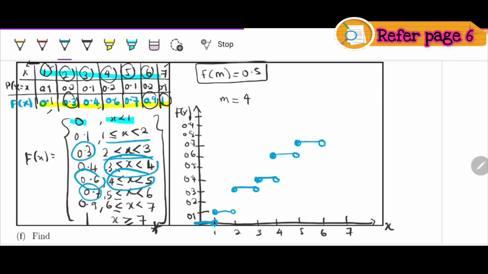F(x) is 0.9 on the interval 6 to 7, with a filled circle for 6 and an empty circle for 7. And the last one, when x is greater than or equal to 7, F(x) is 1. So this is the graph of the CDF function.